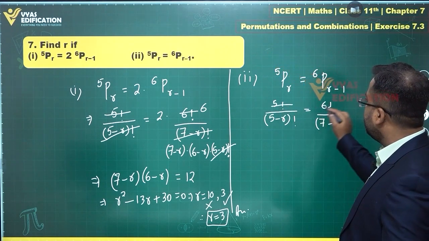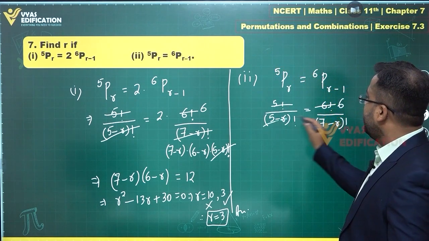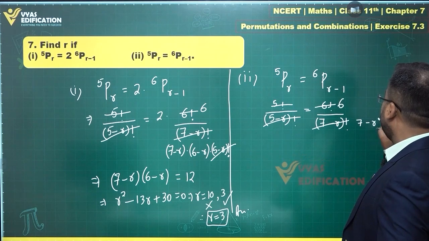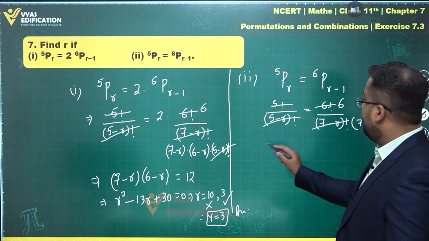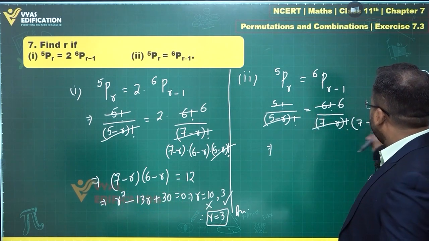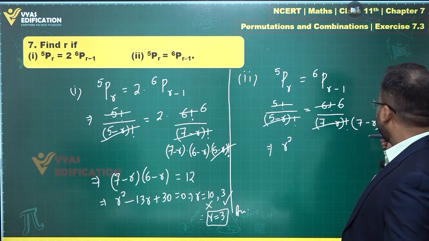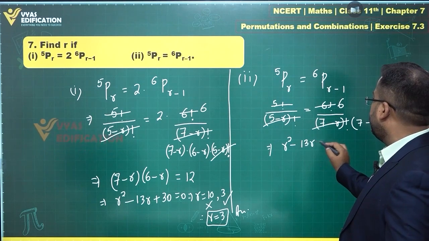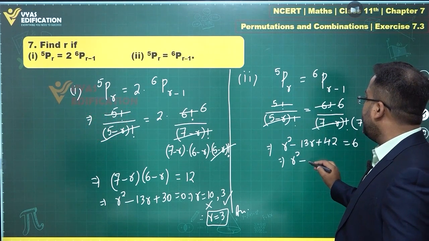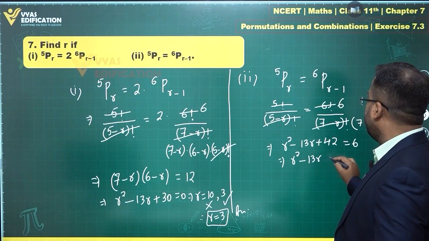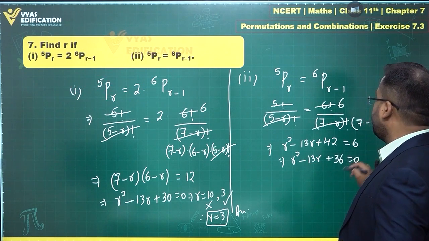In a similar manner, as we saw over there, this is 6 and this will give me (7 minus R) times (6 minus R) in the denominator. In the LHS, both of these products will be R square minus 13R plus 42, which is equal to 6. So this becomes R square minus 13R plus 36 is equal to 0.